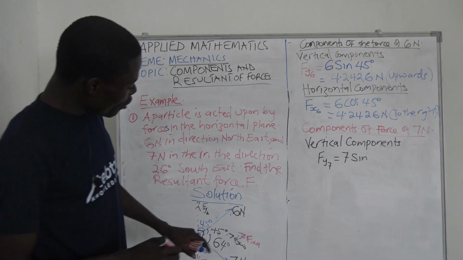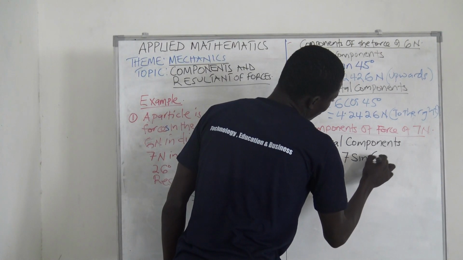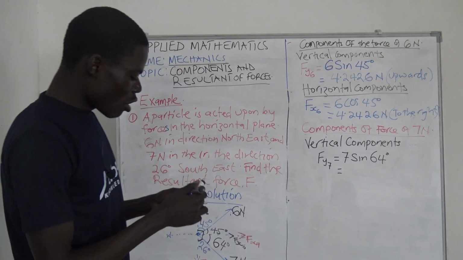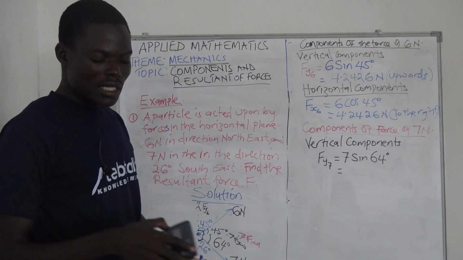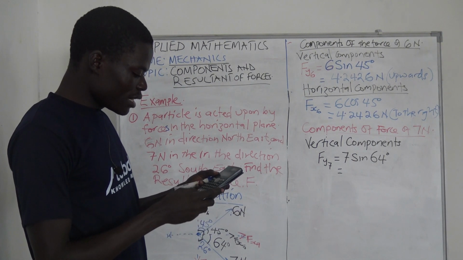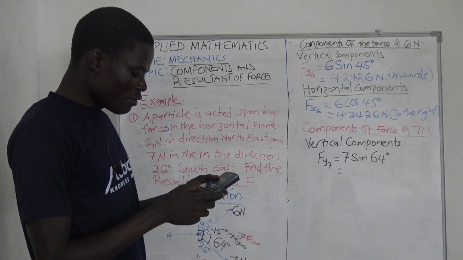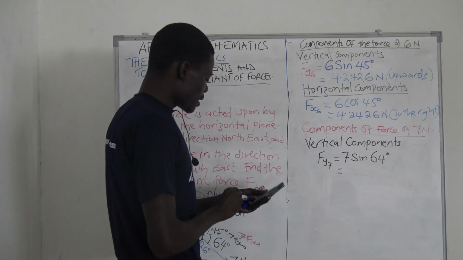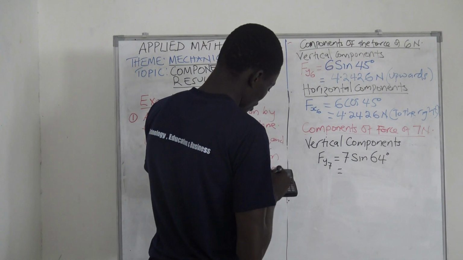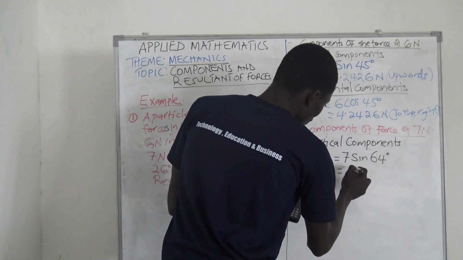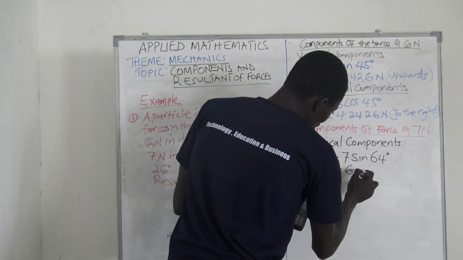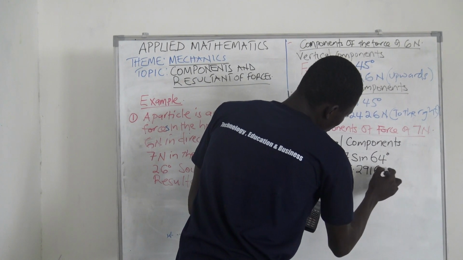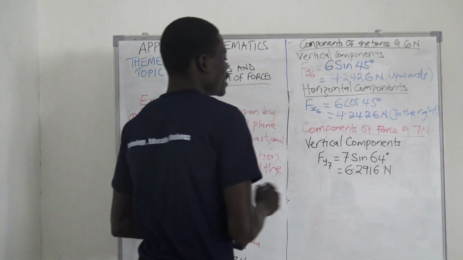Now the angle is 64 degrees. Then the answer you get is your vertical component. Use your calculator: 7 times the sine of 64. The answer is 6.2916 Newton to 4 decimal places.